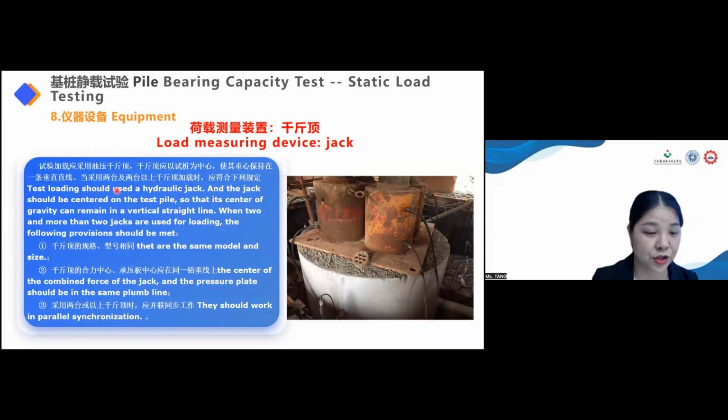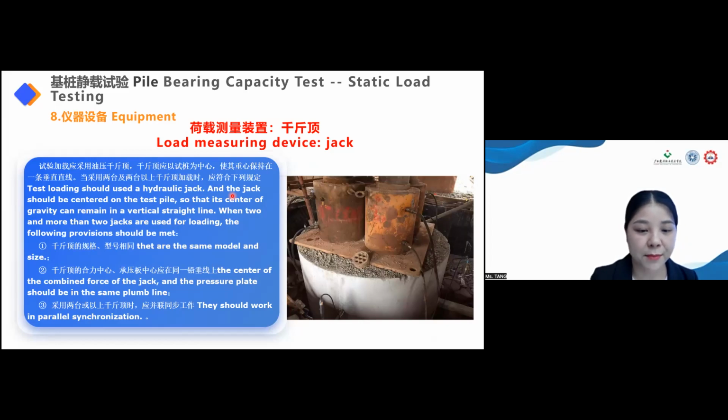Test loading should use a hydraulic jack, and the jack should be centered on the test pile so that its center of gravity can remain in a vertical straight line. When 2 or more jacks are used for loading, the following provisions should be made. 1.